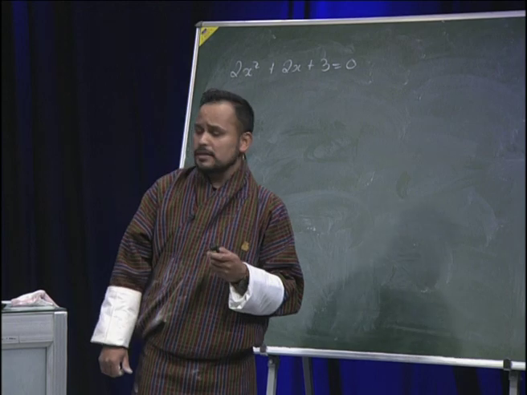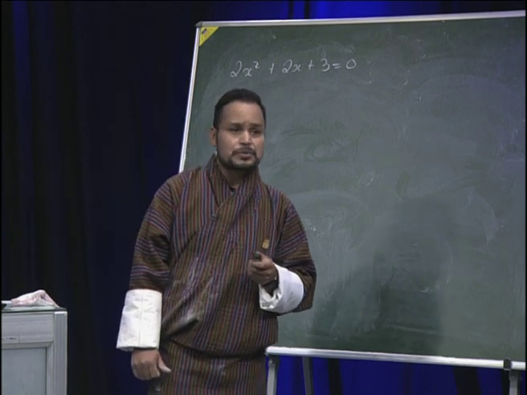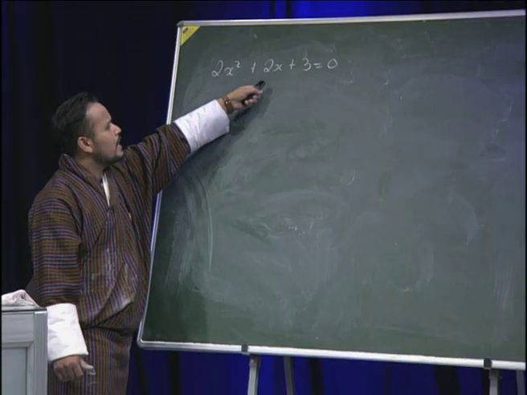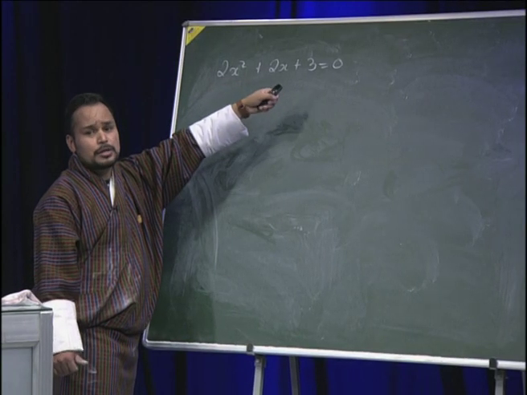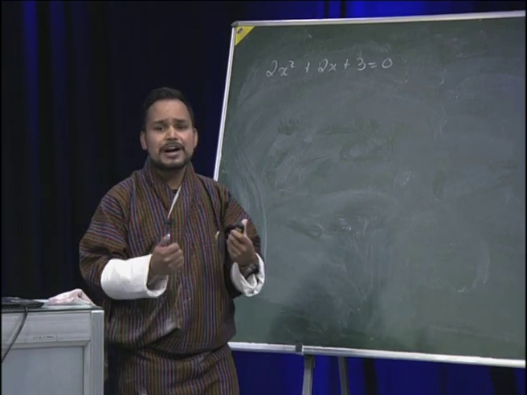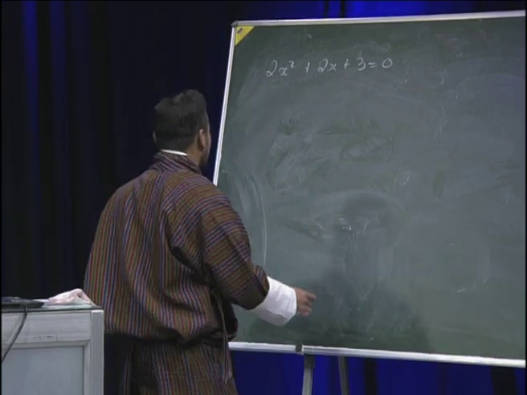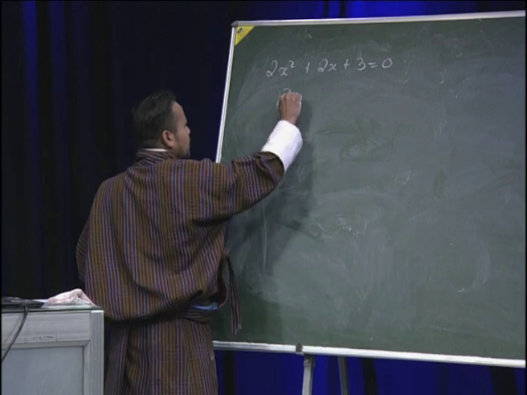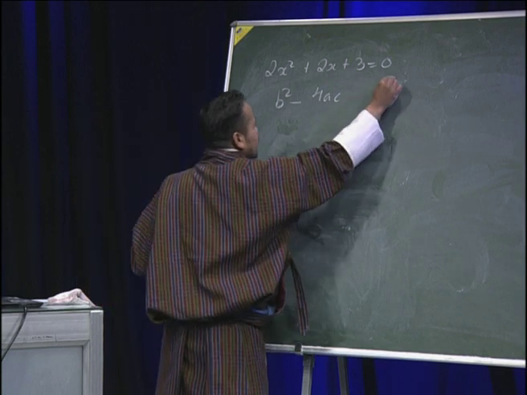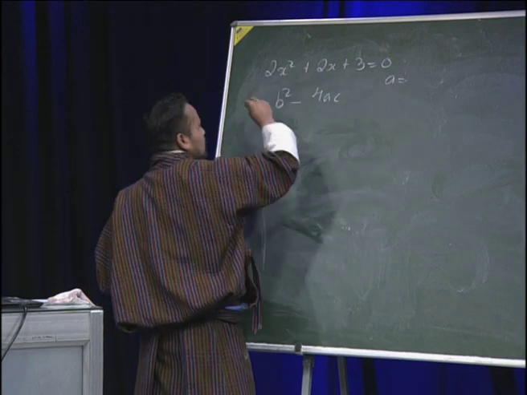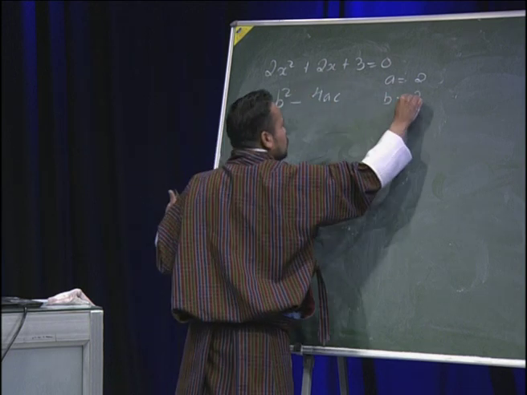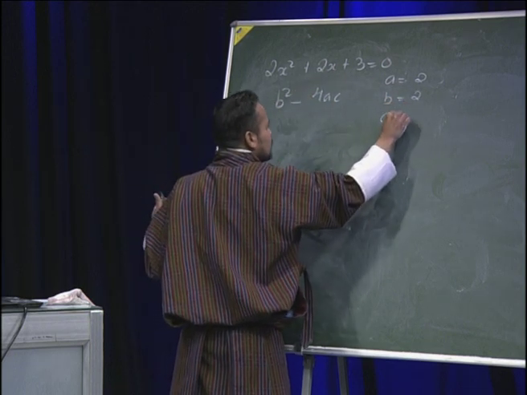Now let's examine the nature of this quadratic equation. I have 2x square plus 2x plus 3 is equal to 0. To examine the nature, you have to find the value of the discriminant, that is b square minus 4ac. In this equation, a is the coefficient of x square, that is 2, b is the coefficient of x, that is 2, c is the constant term, that is 3.